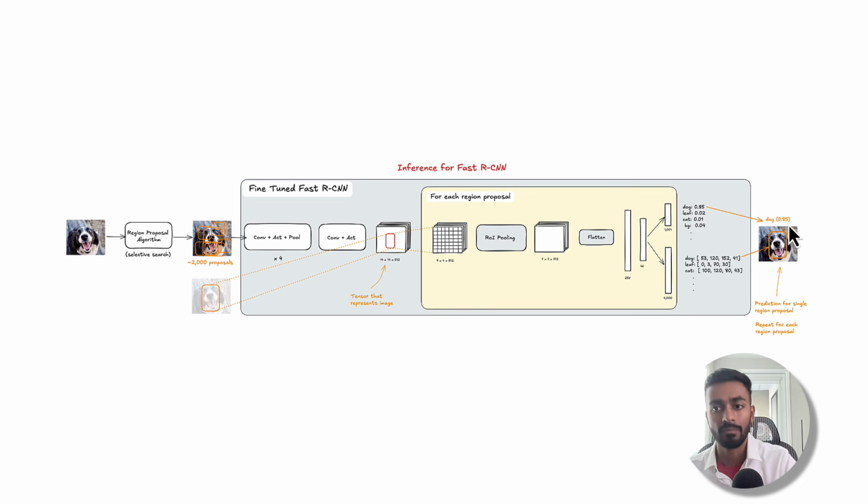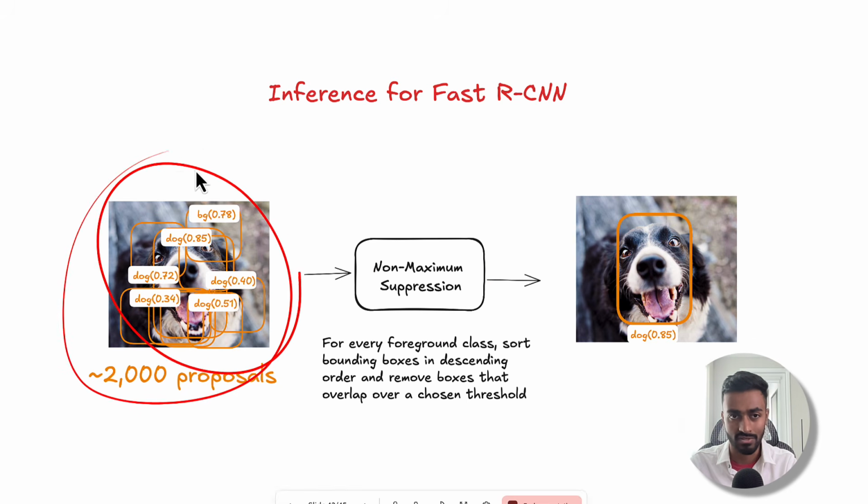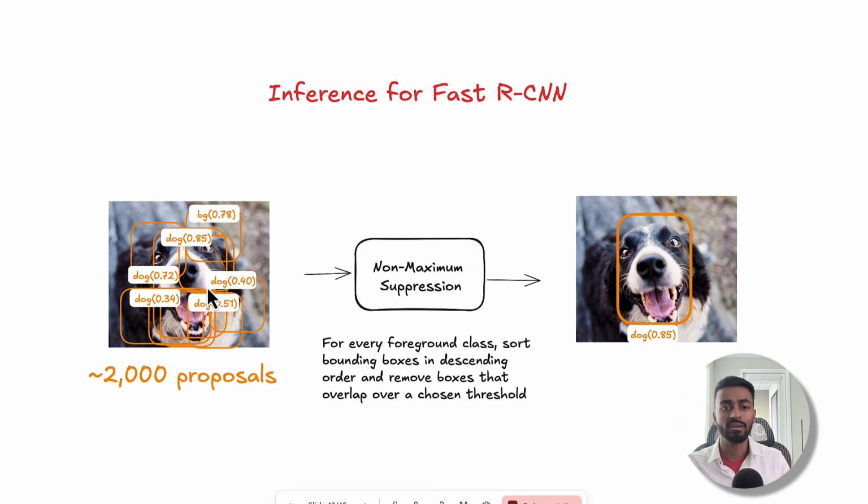And this is the prediction for a single region proposal. We now repeat this for all 2,000 region proposals. And in doing so, you're going to get something that looks like this. For 2,000 proposals, you have like 2,000 of these bounding boxes, which have the object as well as the score for each case.